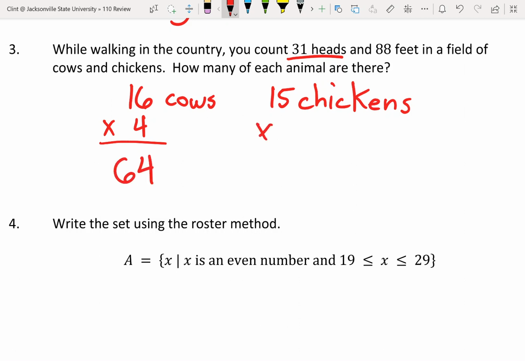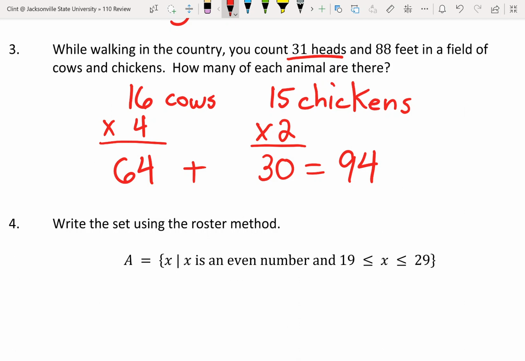For chicken feet, multiply by 2, that gives me 30. If we add those up, I get 94. So I've got too many feet. I'm not too far off though. I'm trying to get to 88. So if we have too many feet, we need to decrease the cows and increase the chickens.